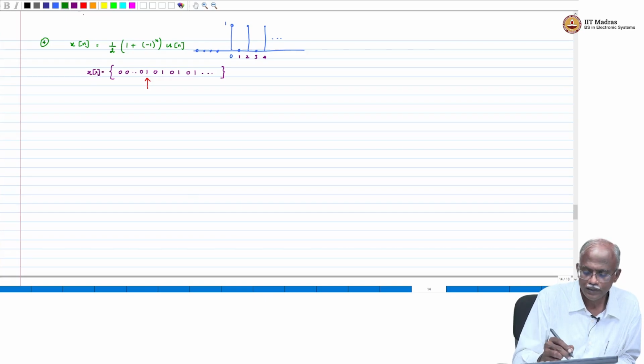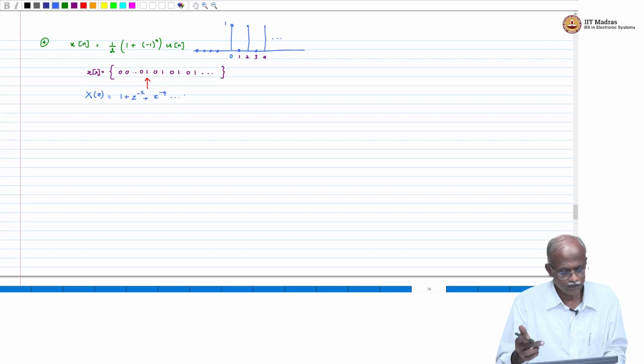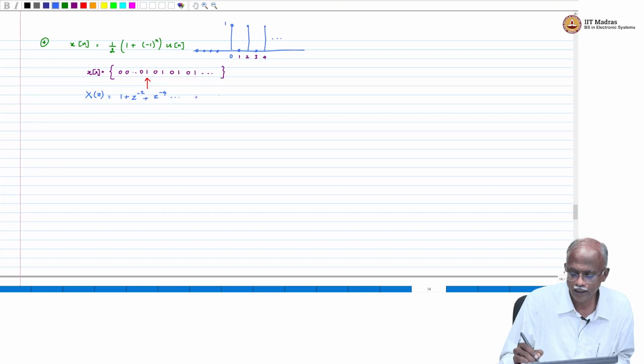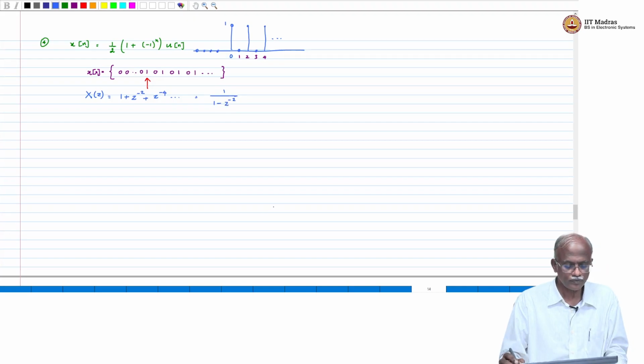X of z, directly from here, write down the expression corresponding to the first term. It is 1, then you have 0, then you have z power minus 2, then you have z power minus 4, and so on. Okay, this is also a geometric series, 1 over 1 minus z power minus 2.